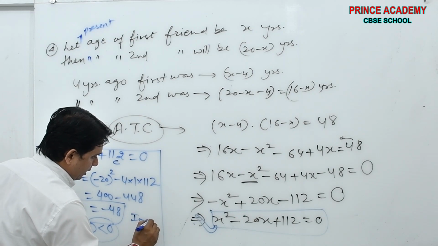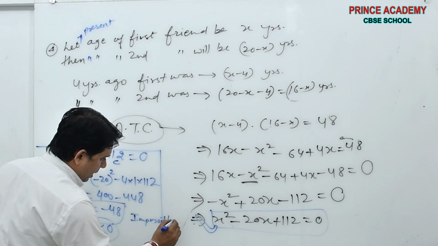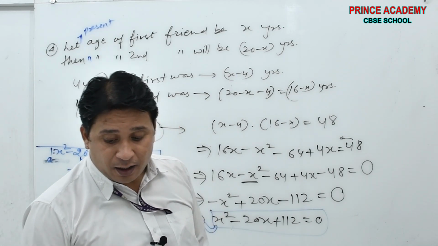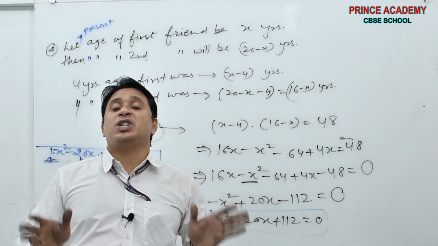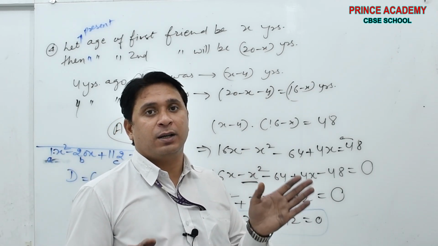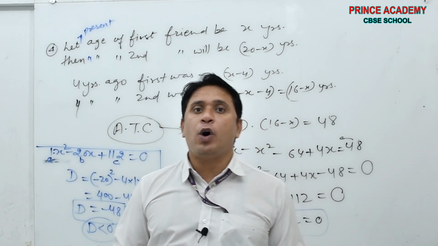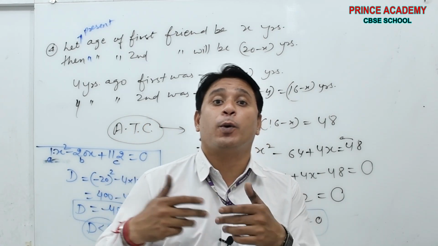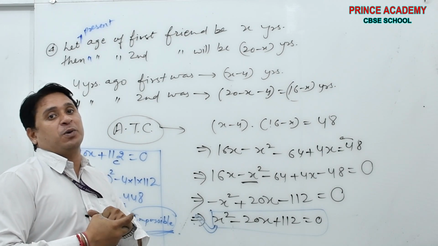Impossible condition. There is not any condition where the sum of the ages of two friends is 20 and 4 years before their product was 48. It is impossible.